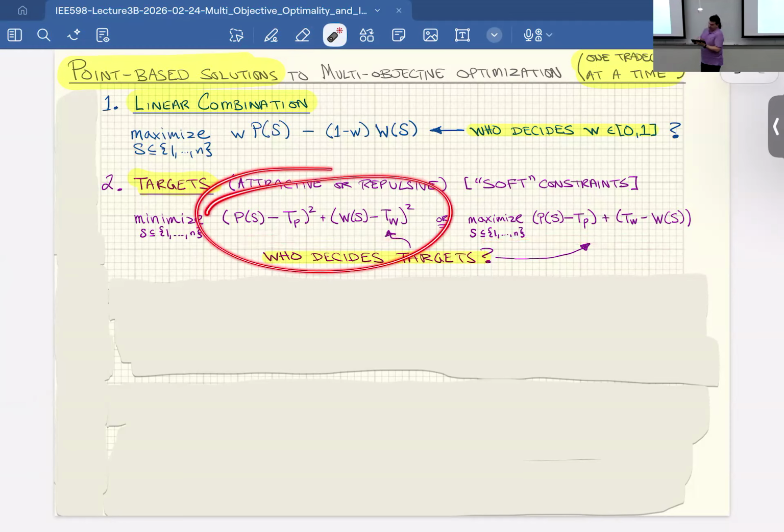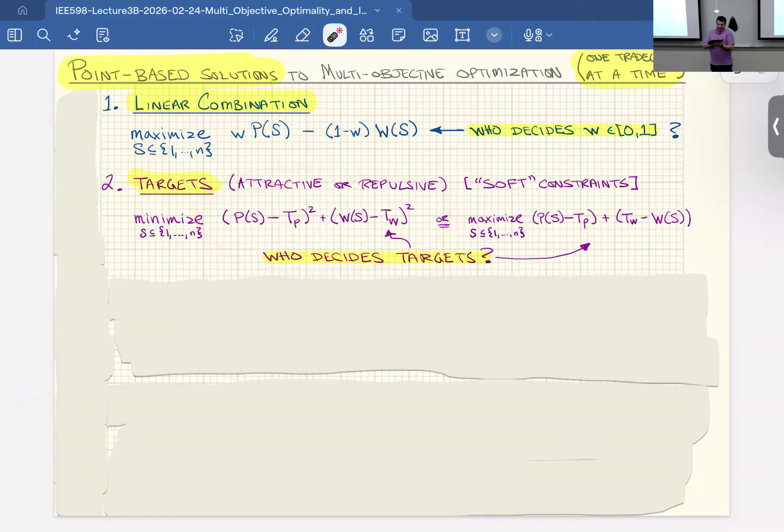In this option here, I say I'm minimizing the difference between my profit and a target and my weight and its target. So now I'm trying to regulate the profit to the profit target and the weight to the weight target, allowing for some slack. If it's impossible to meet them both simultaneously, then this will find something in between.